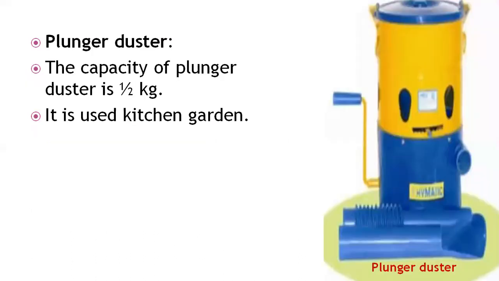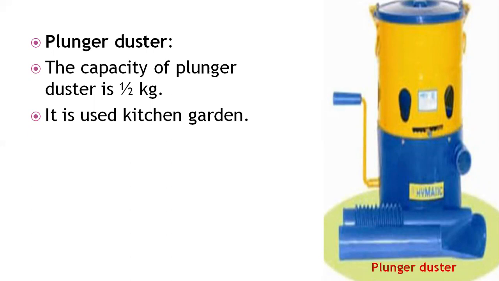Now the next one is the plunger duster. This plunger duster is made up of a metal air pump with a dust chamber and discharge, assembled together. The air pump consists of a pump cylinder inside, with a plunger rod.